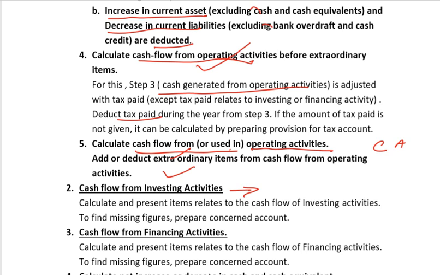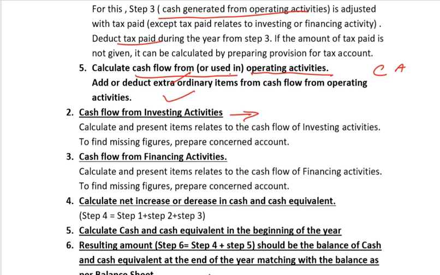Next we calculate the cash flow from the financing activity. That we get from our equity and liabilities: share capital, debentures, loans and advances. From there we get the idea about the financing activities. Then dividend paid, interest paid, redemption, all that information we get from equity and liabilities.